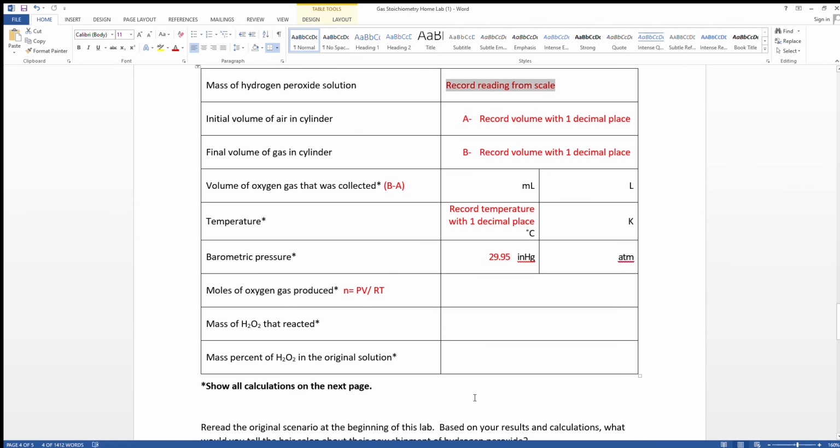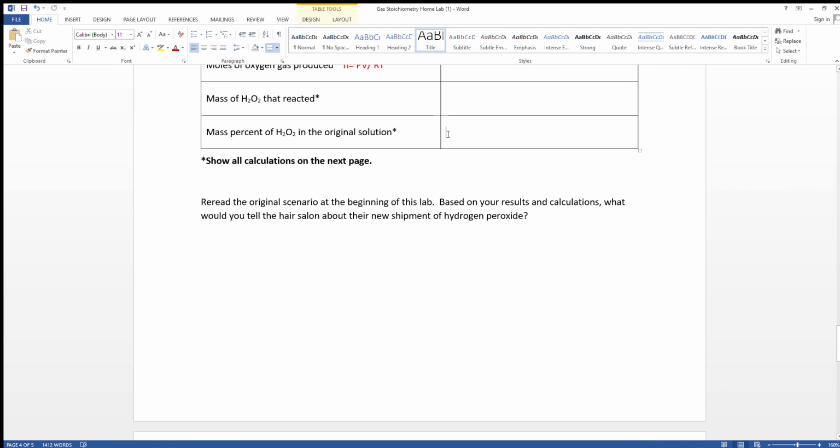That will give you the mass percent of H2O2 in the original solution. Once you have the mass percent of hydrogen peroxide here, you will reread the original scenario at the beginning of this lab, and based on your result and calculation, you have to tell the hair salon about their new shipment of hydrogen peroxide.